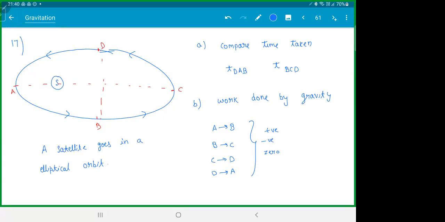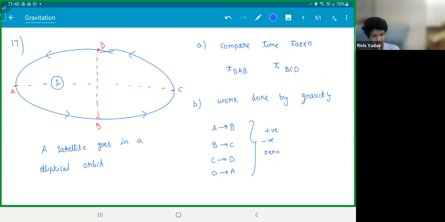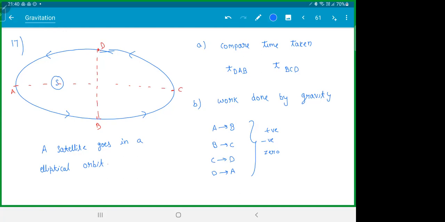BD is the semi-minor axis. Time taken is equal. I'll show you. BCD is more.